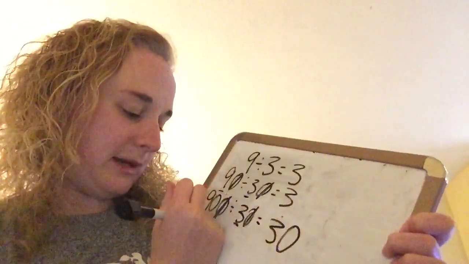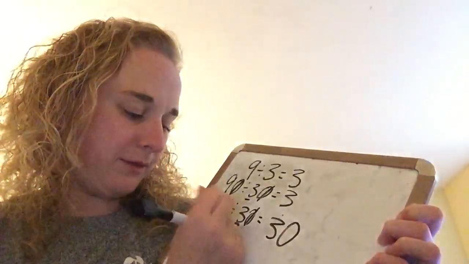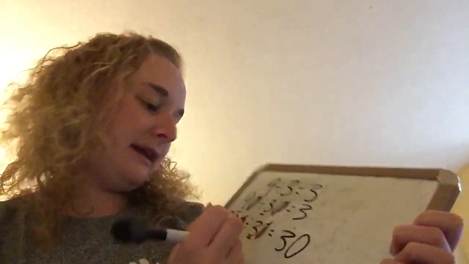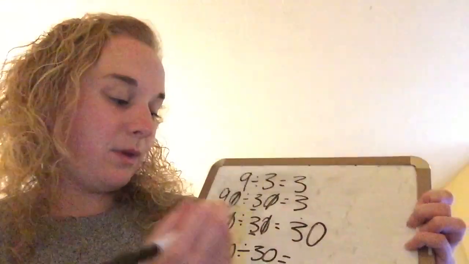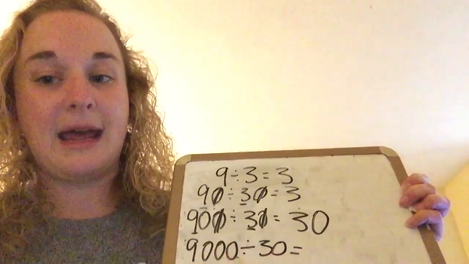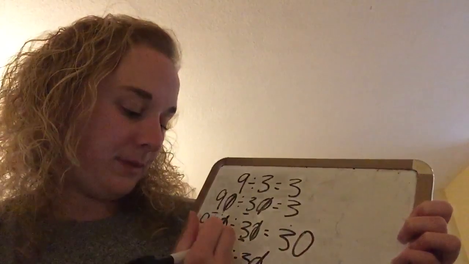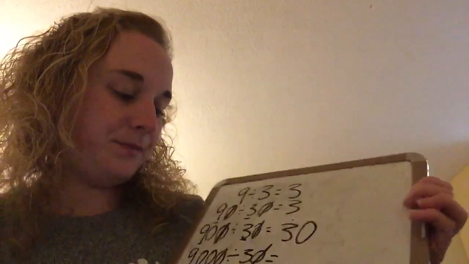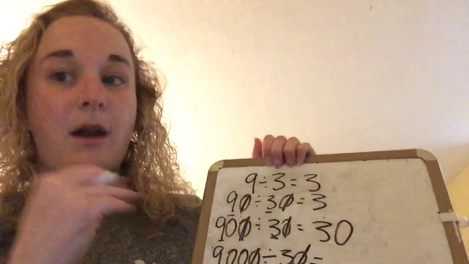Lastly, I'm doing 9,000 divided by 30. So, once again, canceling out zeros. I notice that both these numbers end in 0, which means they're in the tens. So I'm going to cross out this 0. I'm going to cross out this 0. Okay, so I'm going to look at my numbers that aren't zeros.